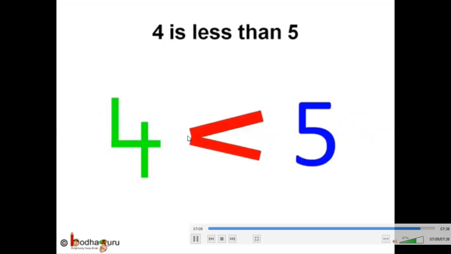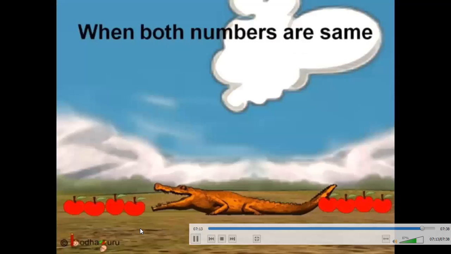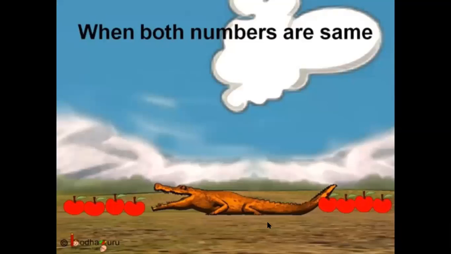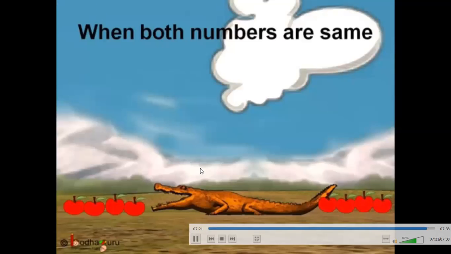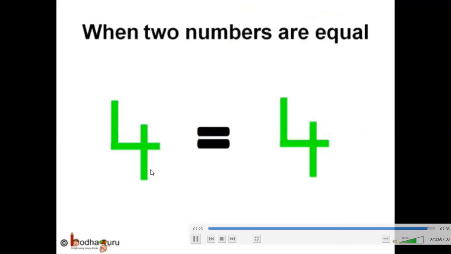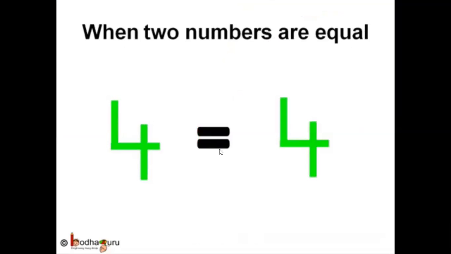This is the symbol used for less than. Now, if the two groups are the same, then 4 apples and 4 apples. When both numbers are the same, then we will use 4 equal to 4.